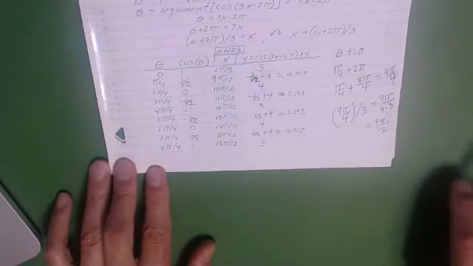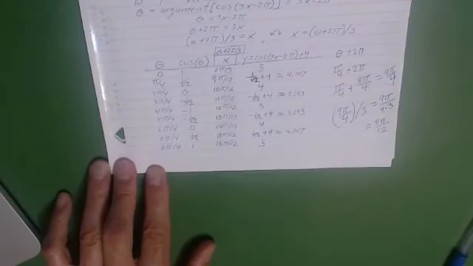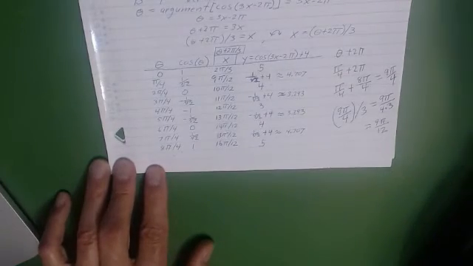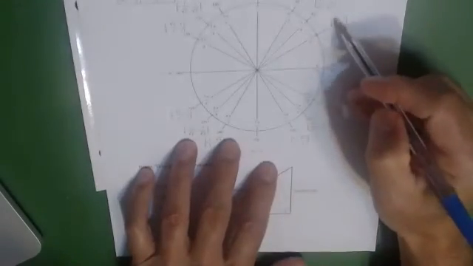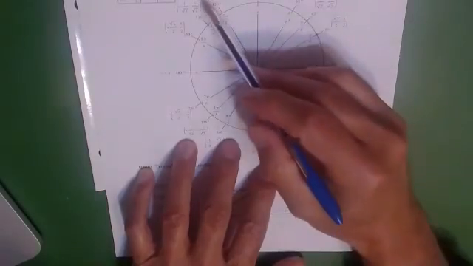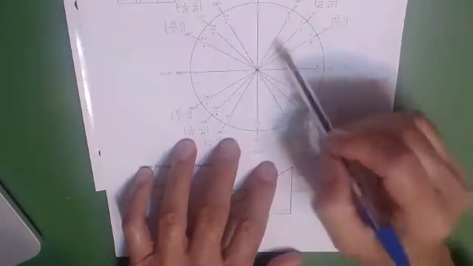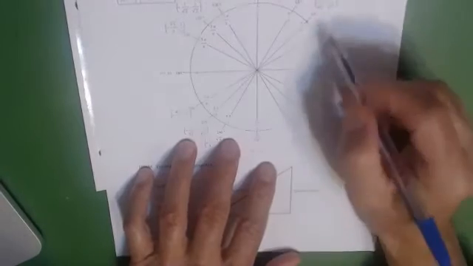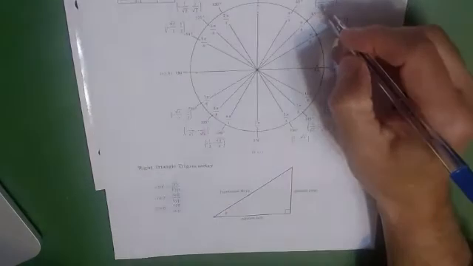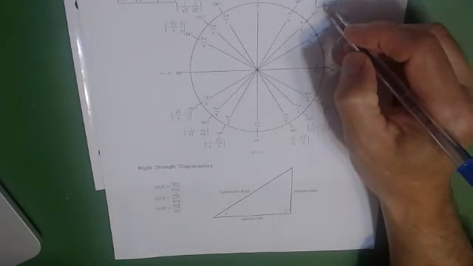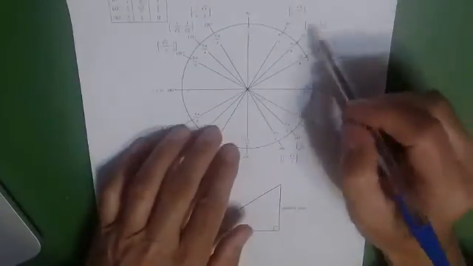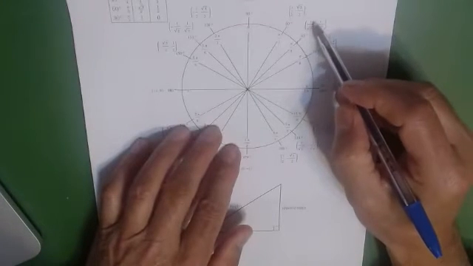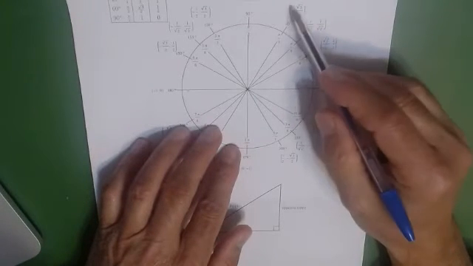Then cosine theta, we get, what did I do with it? My wheel. We can just look at the wheel, and the cosine is always the first value in these pairs, right? Well, actually, I need to restate that a tiny bit. If it's a unit circle, this is cosine theta.